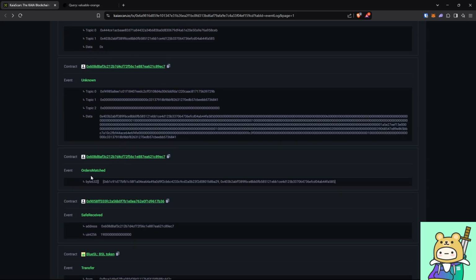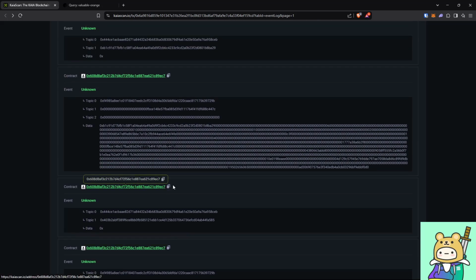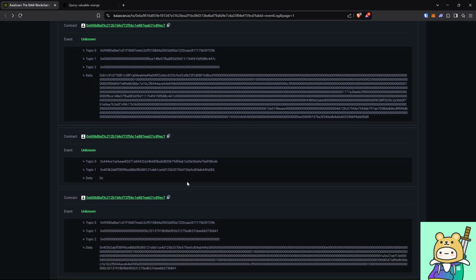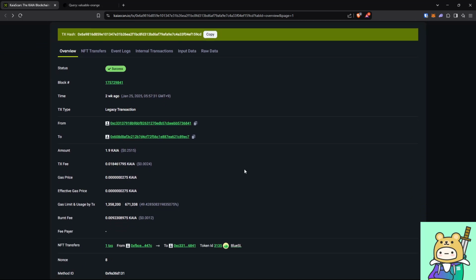CPOT 1.6 also has an order match, but if we look at the topics, I don't think they match. So yeah, let's look at an overview.